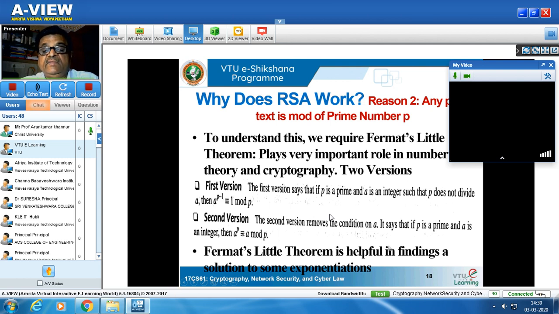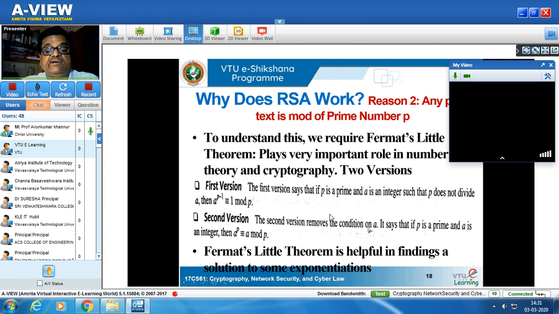It says that if P is a prime and A is an integer, then A raised to P is congruent to A mod P. Means whenever we carry out the division on A, whatever remainder we are going to get, when you compare it with A raised to P, that remainder, then we are getting an A value.